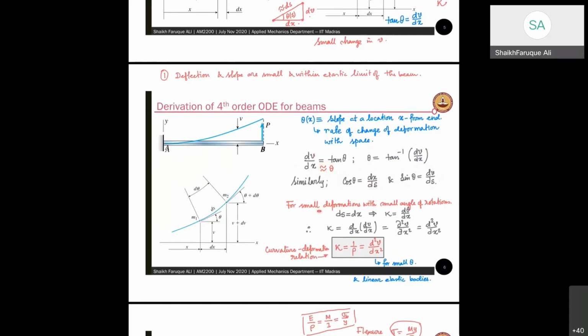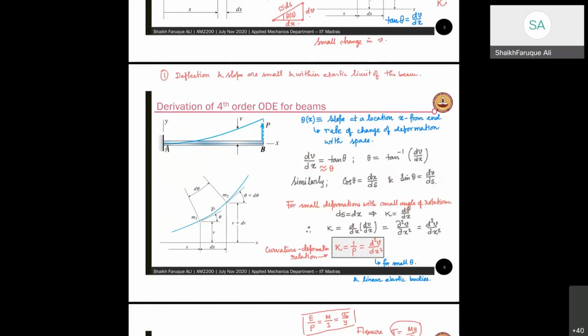For a small deformation, we'll assume ds is equal to dx. Then my kappa becomes d theta by dx. And since theta is dv by dx, I can replace that: d by dx of dv by dx, and that gives me kappa as d square v by dx square. Remember, I have made an assumption of linear.